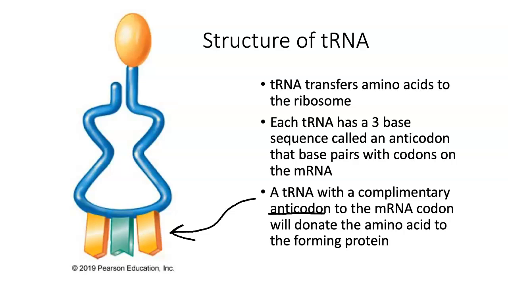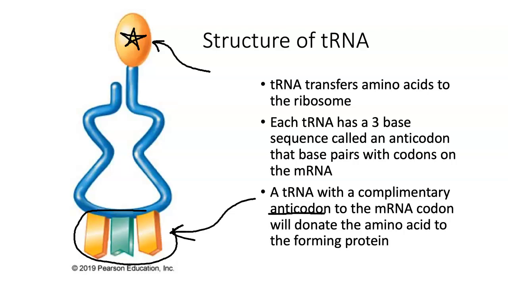We might try to put a piece in place that looks like it would fit, but it doesn't fit. And if this anticodon doesn't base pair with the codon, no problem, it just floats away and waits for the next one. On the other end of the transfer RNA is an amino acid. So if the anticodon is complementary to the codon, this amino acid is going to be donated to the protein being formed at the ribosome.